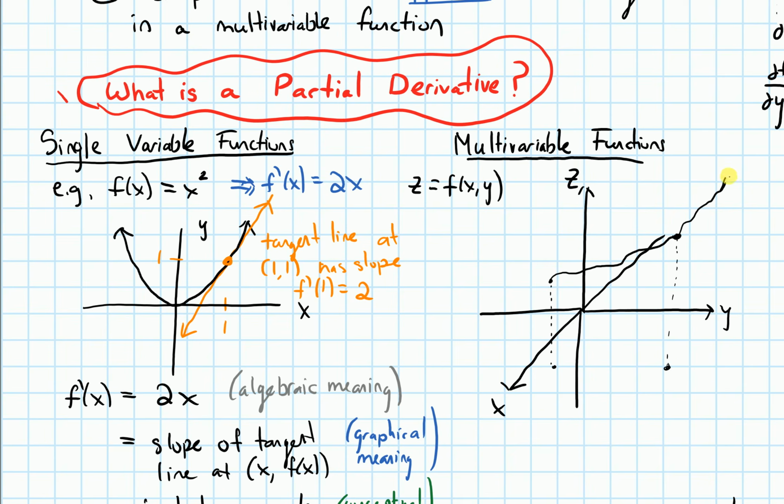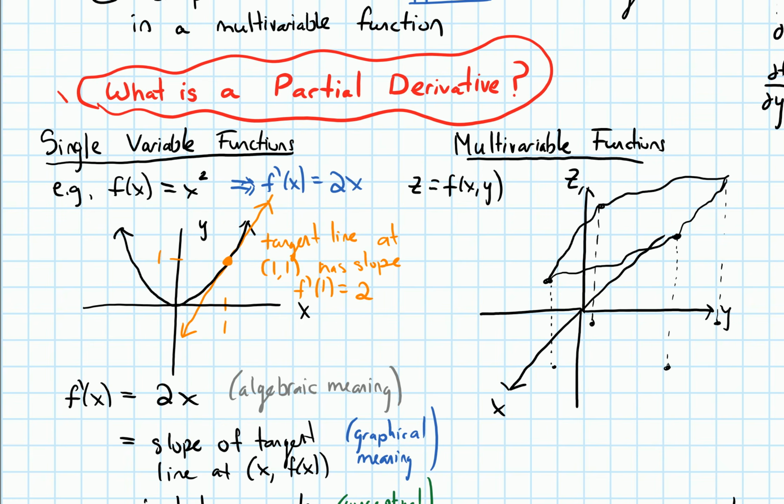If I do the same thing for this point, maybe this one projects down to a point over there. Actually, let me change that a little bit. Maybe I have it go this way, and then there's a point, and then I have it go this way. And of course, maybe my surface extends infinitely in all directions. But let's just imagine that it's something like this. So I have this graph of my function here.